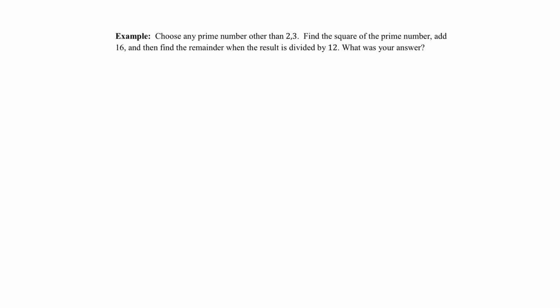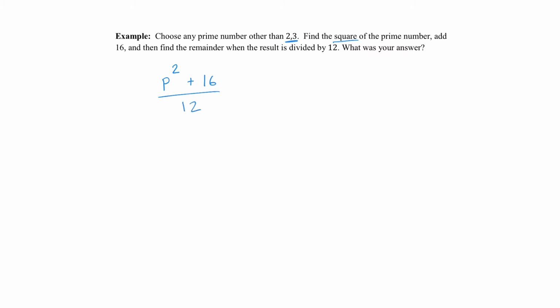So any one you like other than 2 or 3, so it has to be 5 or bigger. Then we're going to find the square of that prime number. So let's say P is our prime number, and the first thing we're going to do is find the square of that number. Then we're going to add 16. And then finally, we'll find the remainder when the result is divided by 12.